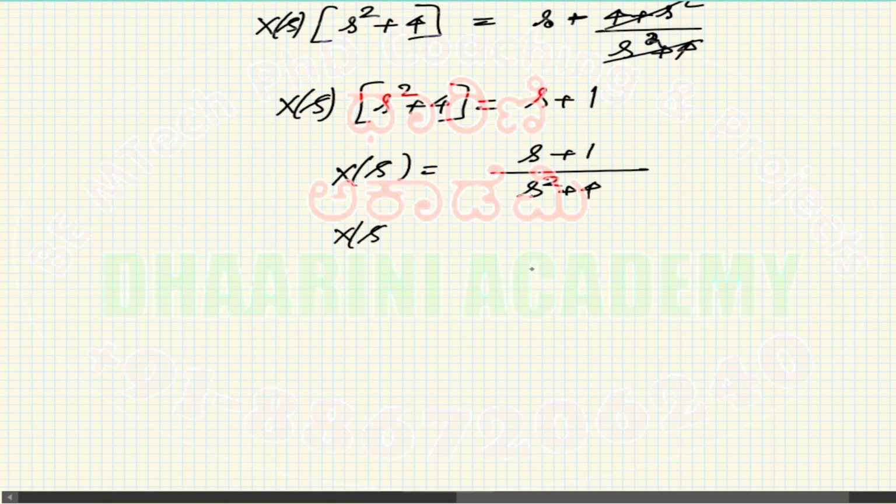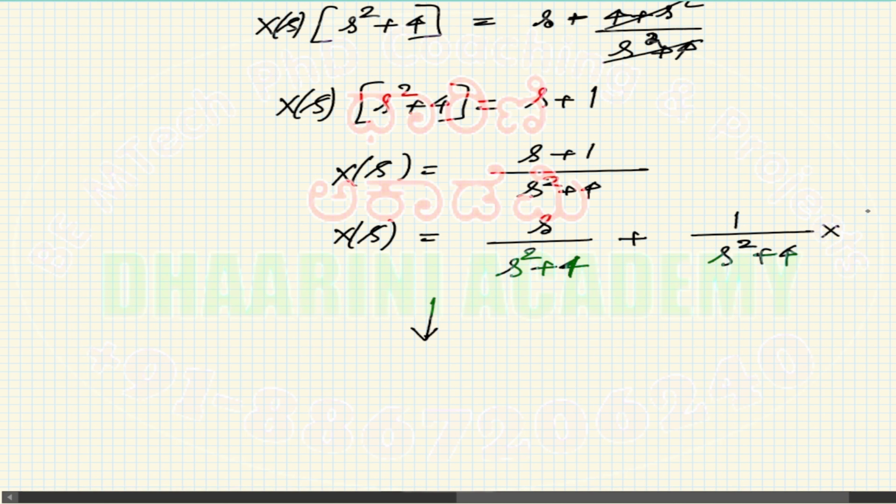So s square plus 4, plus 1 divided by s square plus 4. Convert this, maybe you have to multiply the second term by 2, multiply and divide by 2, to get 1 by 2 sine 2t, because the 1 by 2 is in the denominator, right?